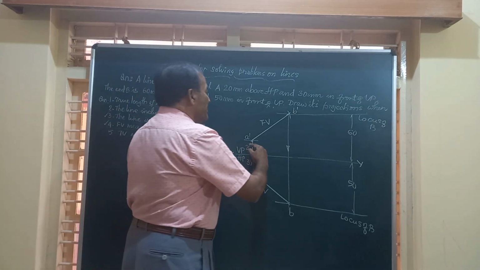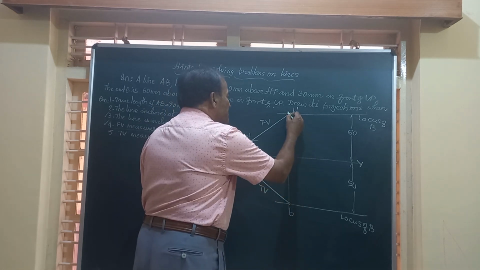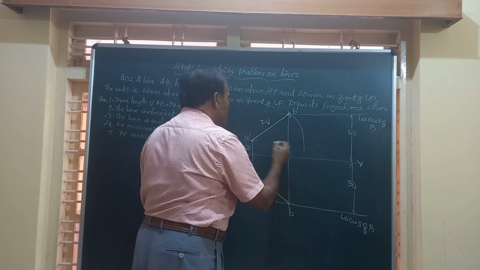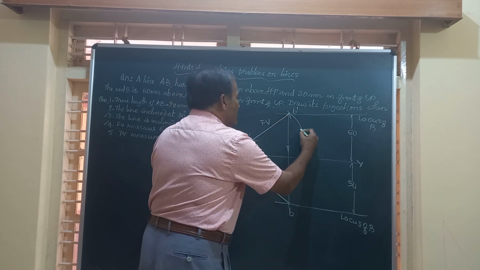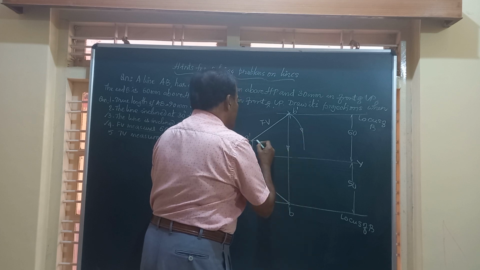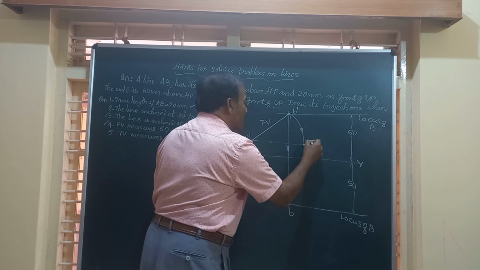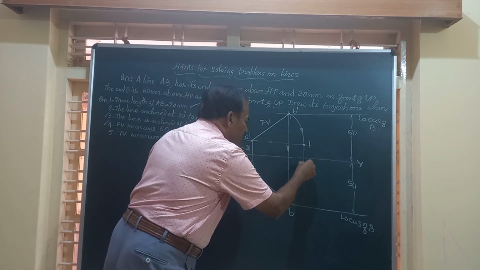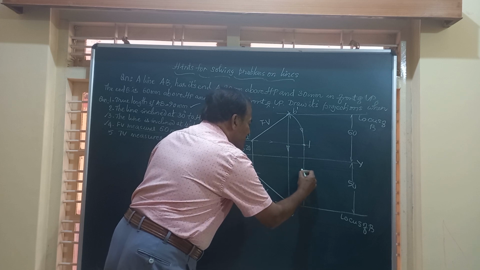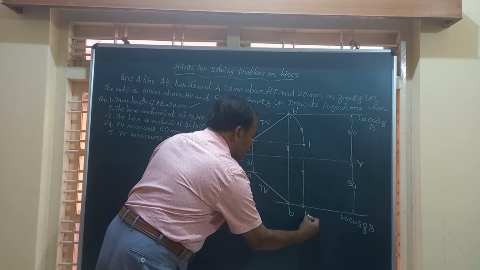Friends, you know, whenever you have got the front view, to obtain the true length you can just draw an arc here. Taking A dash as center and the front view as radius, draw an arc and extend this locus here. They are going to meet at this point 1. So extend this further downwards to intersect the locus of the end B at point B1.